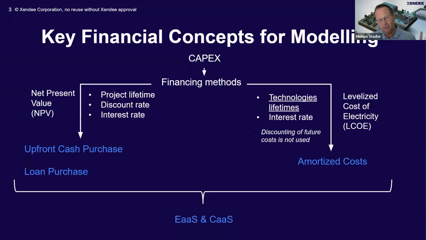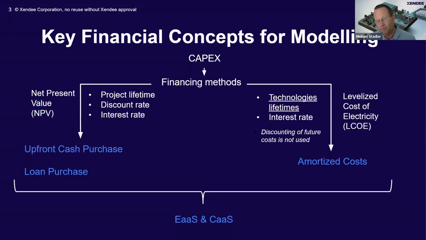So we have basically 2 sets of cost modeling. One is a levelized cost of electricity model, LCOE, which you see on the right-hand side. And then there's net present value calculations, which you see on the left-hand side, which are basically upfront cash purchases and loan purchases, but they always optimize the net present value. And they are characterized by a project lifetime, discount rate, and interest rate.